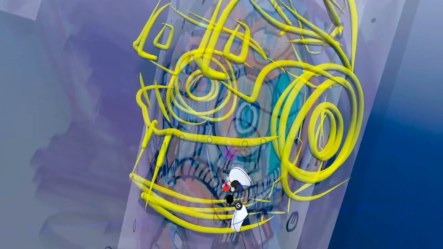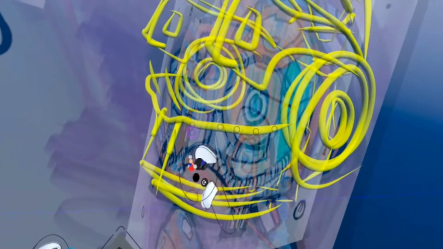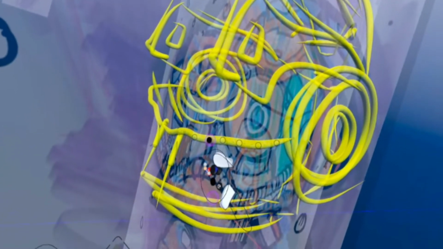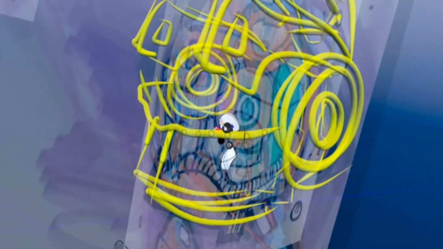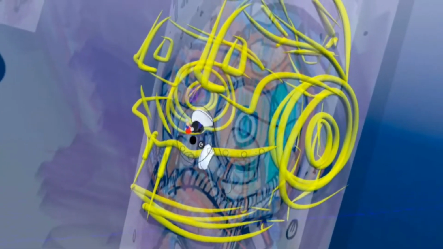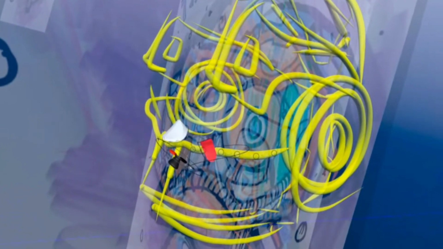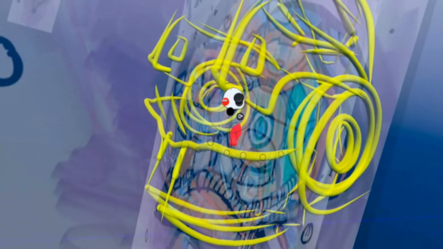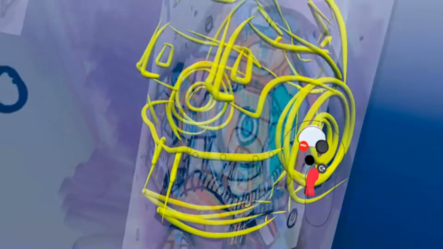You can move them, add points by clicking with your drawing hand, moving the cursor over the line and hitting the trigger button on your drawing hand. To remove a point like this, you grab it by holding the grab button on your drawing hand, and then you just hit the minus button, and that gets rid of it.